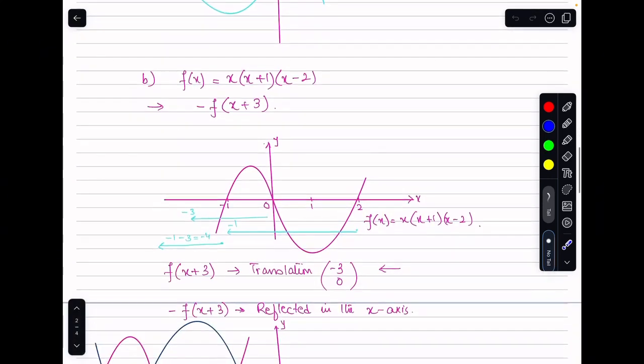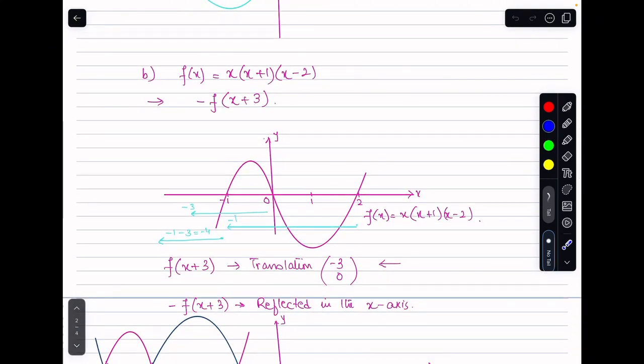It's the same function f of x, which is equal to x plus 1, x minus 2, the same cubic graph that we have already sketched earlier. But now it should be sketched for the transformation which is negative f of x plus 3. There is a negative outside the function, meaning now it should be getting reflected along the x-axis.